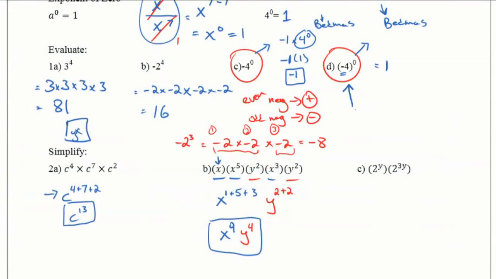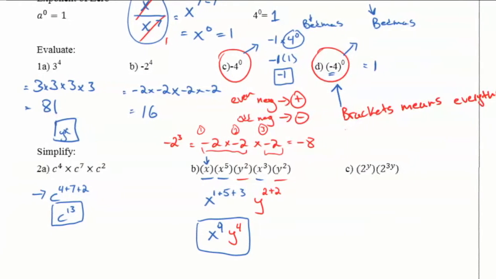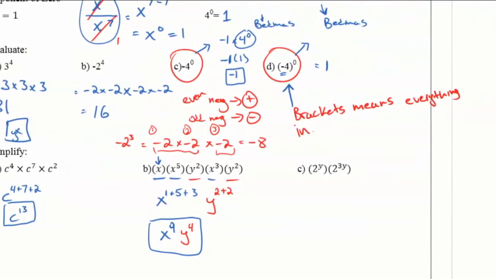Because this one has brackets, we go, brackets means everything inside is to the power of 0. I don't know if that helps a little bit.